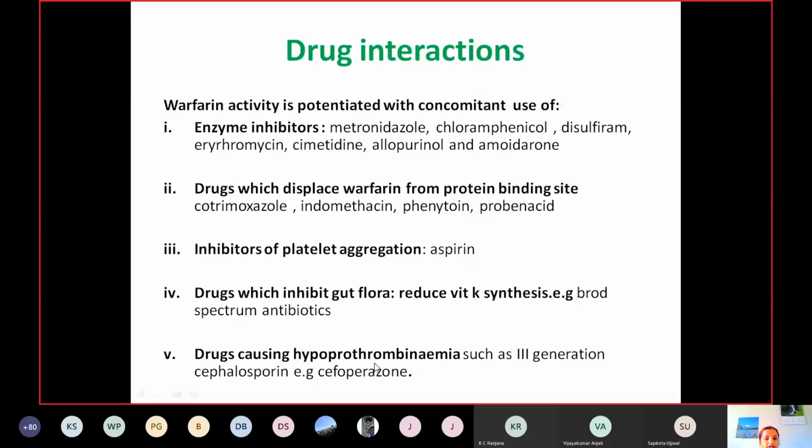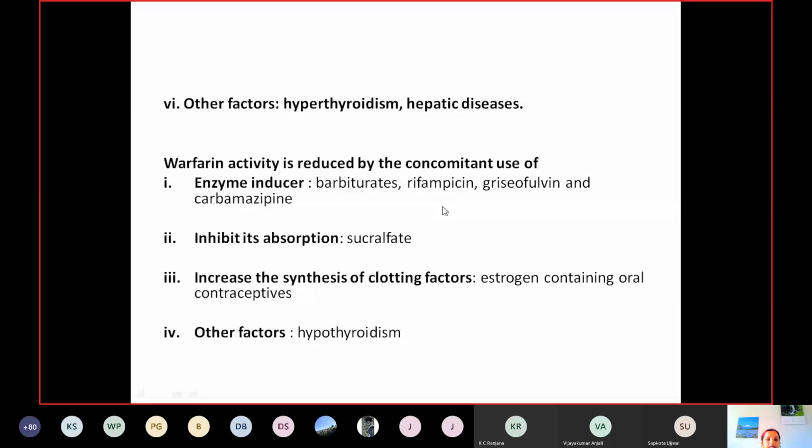Drugs causing hypoprothrombinemia, so those drugs which decrease the level of prothrombin also ultimately increase the warfarin activity, like cephalosporins, third generation cephalosporins, cefoperazone. Other factors like hyperthyroidism. Okay, in a patient having hyperthyroidism, or hepatic disease also, there is increased activity of the warfarin, because in hyperthyroidism there is increased catabolism of the clotting factors.